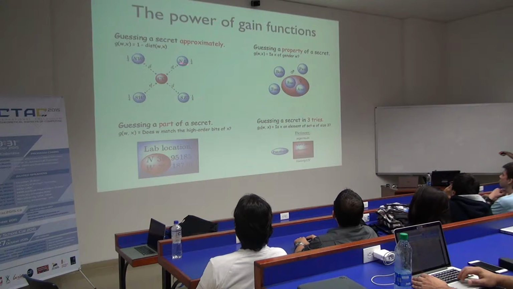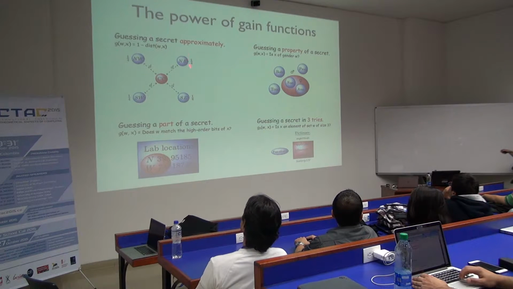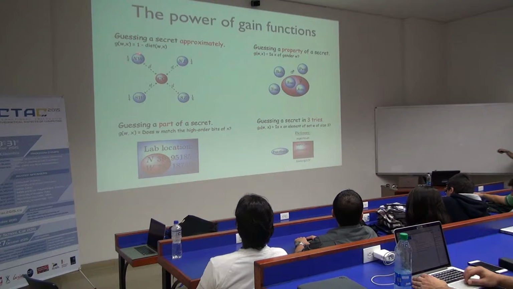Also, this leads us to some interesting situations in which the guess might not even be a secret. You can imagine that a user might be in each one of these 4 locations. If you do the computation, a priori, before I have any knowledge of my system, if all of these locations have 1/4 probability, it's actually better for the adversary not to guess any of those locations, but to guess their center.